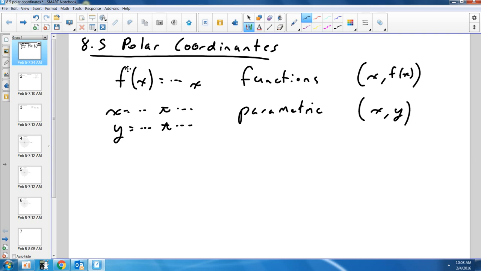So you can make things in 3D. Some things in polar you would be able to graph that you couldn't in the other two. And so instead of x's and y's, we're now going to be dealing with r's and thetas. And that's going to be the polar system.